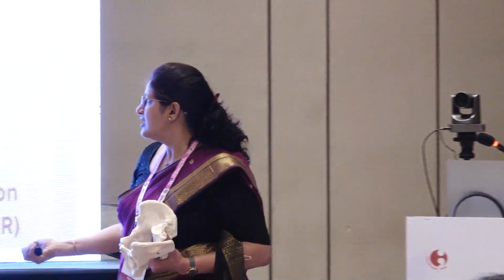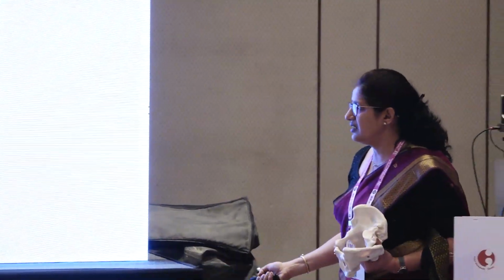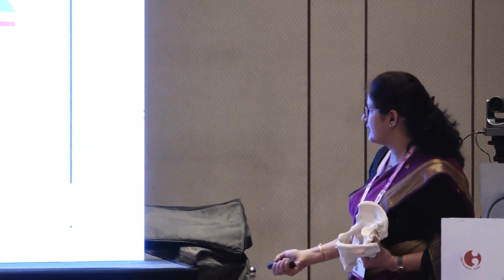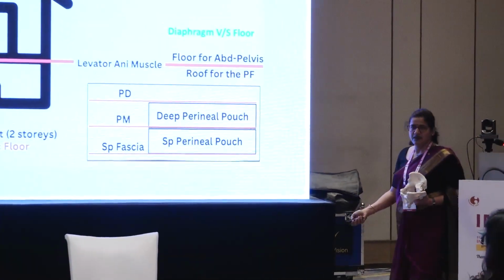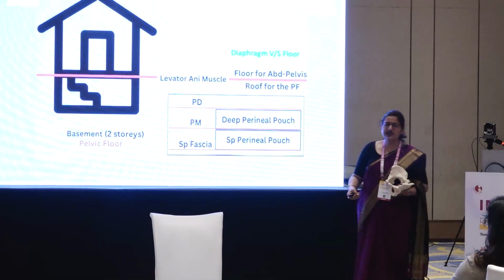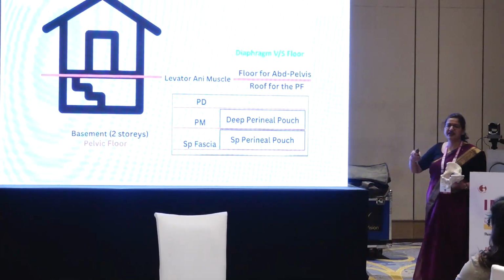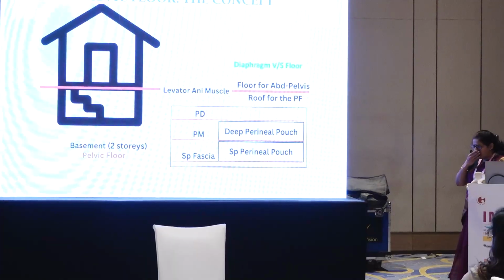Okay. Now coming back to the concept of perineum in short, which I have missed. We are always confused, since our UG days, about what is pelvic floor and what is pelvic diaphragm; everything gets mingled up.